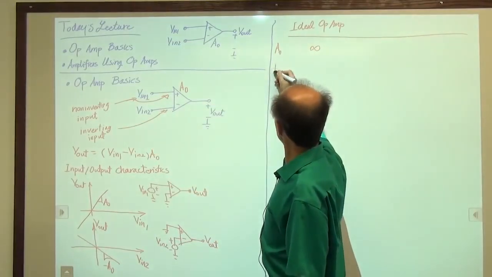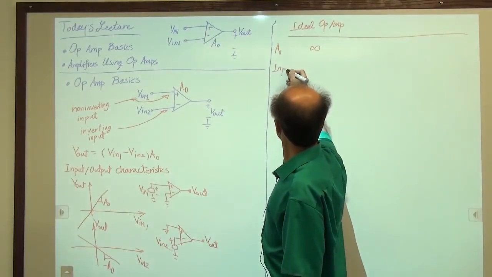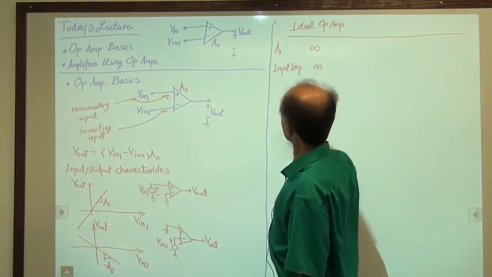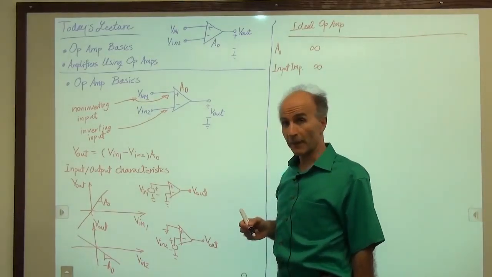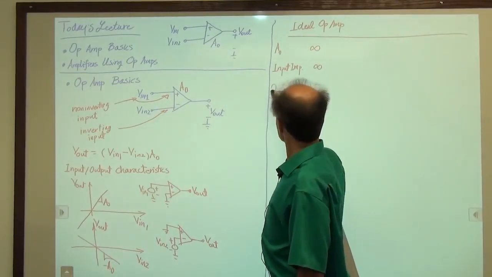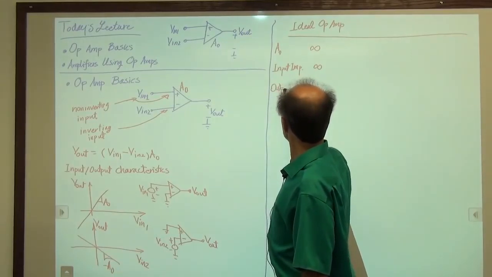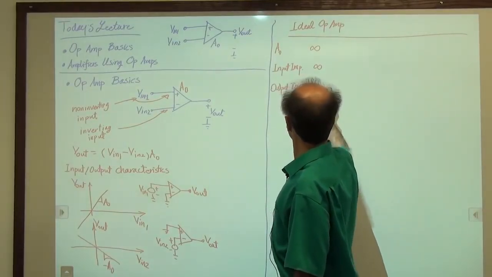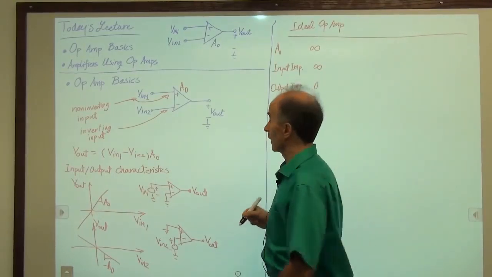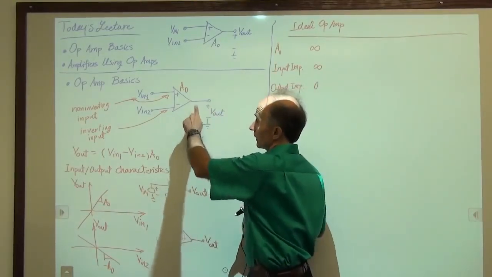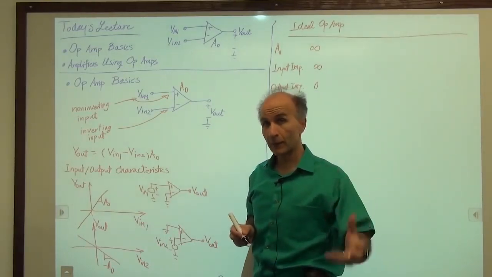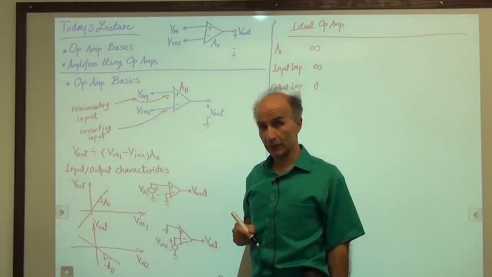So we say input impedance is infinity. How about the output impedance? The output impedance, well, ideally 0. We would like to generate a voltage, so this should look like a voltage source. A voltage source has 0 output impedance.